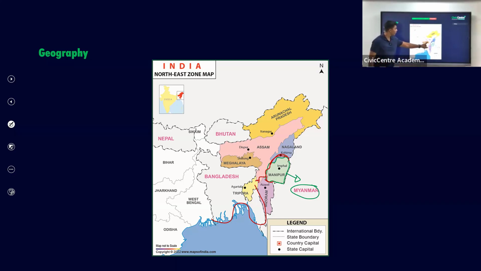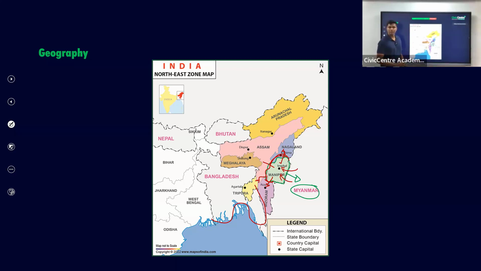So that is why, when the issue happens, migration happens to these three areas. And in the news, people say some insurgent groups based in Myanmar are coming to Manipur because it shares a border. So now you know where it is located.